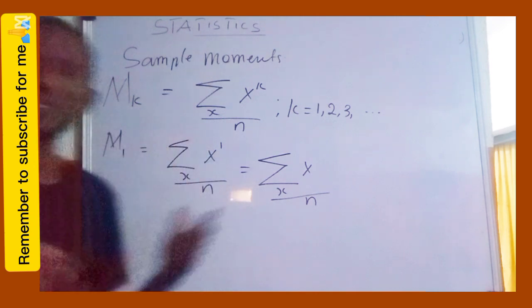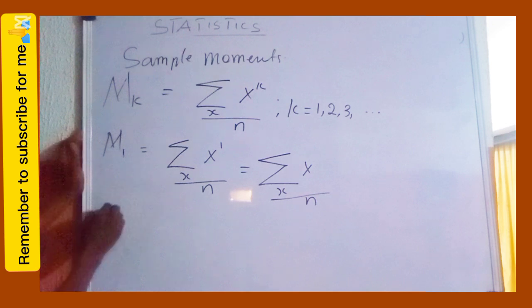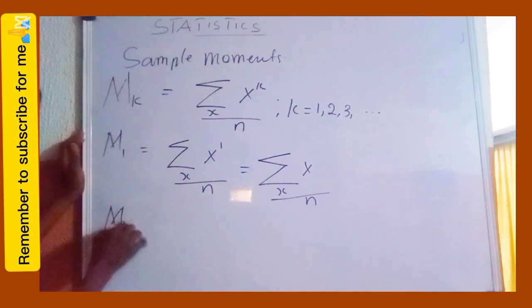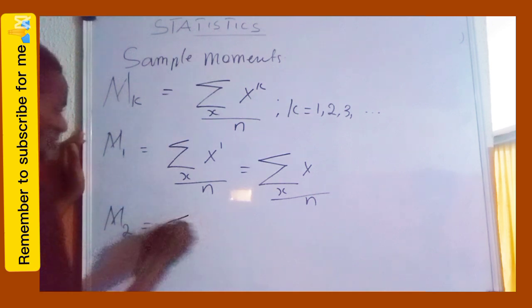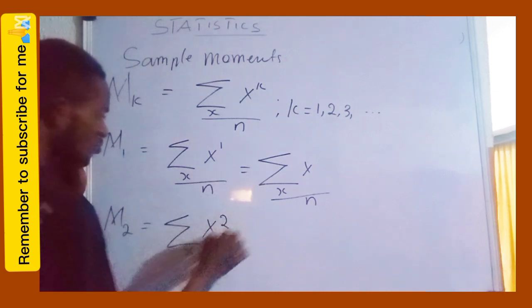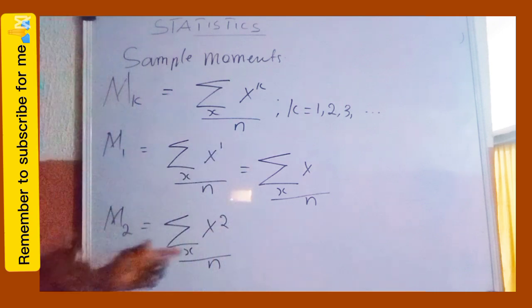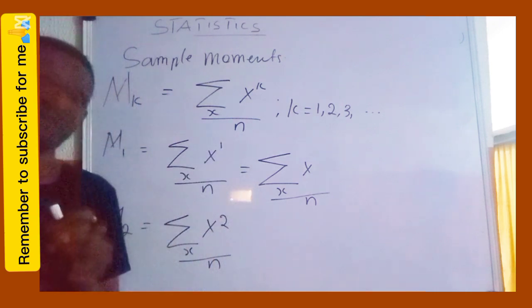What happens now when k becomes 2? As usual, M subscript 2 is given as the sum over the range of x raised to power 2, all over n.